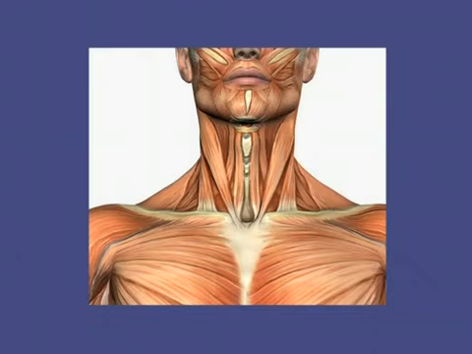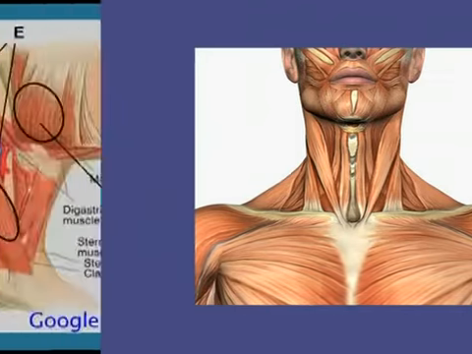Just after the splenius group, the next group of posterior muscles is the semispinalis group. It consists of two muscles, semispinalis capitis and semispinalis cervicis. It is seen deep to the splenius group, and as these are posterior muscles, it produces extension of the head and neck.